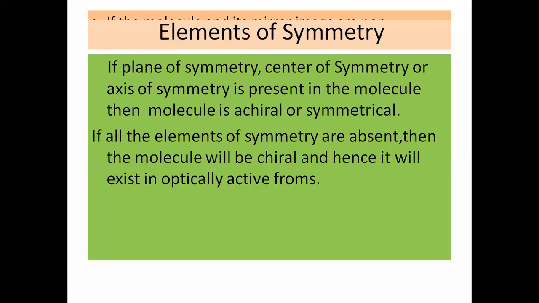So there are different types of elements of symmetry: a plane of symmetry, center of symmetry, or an axis of symmetry. If any one of these is present in the molecule, then we call that molecule achiral or symmetrical.